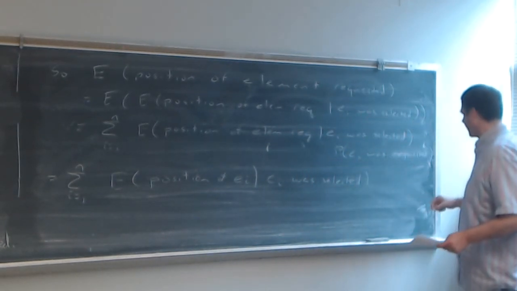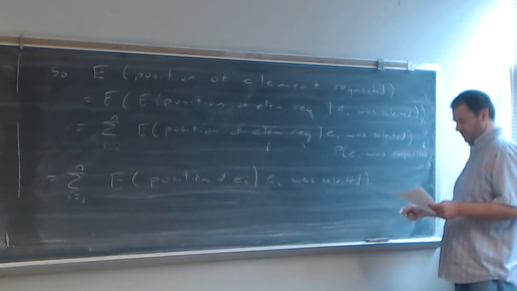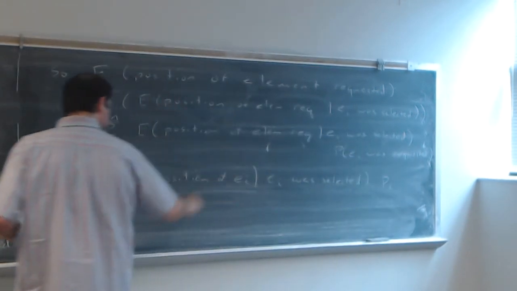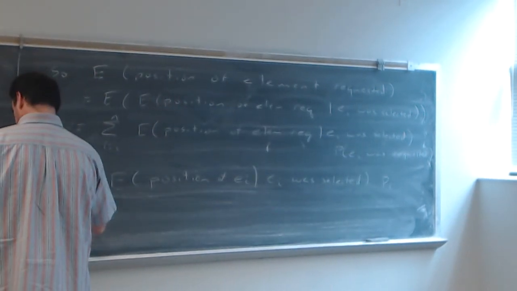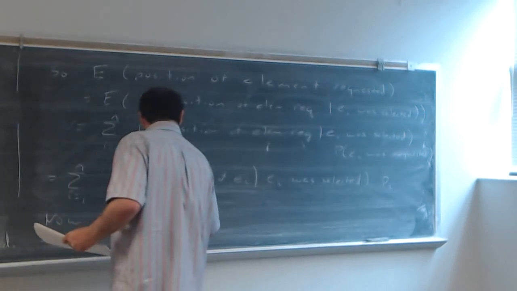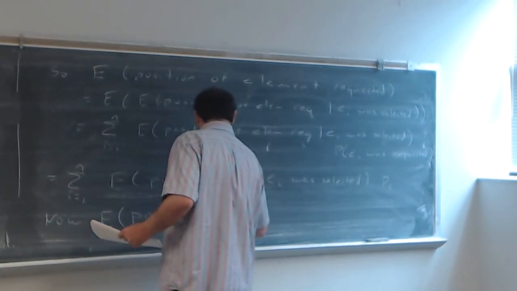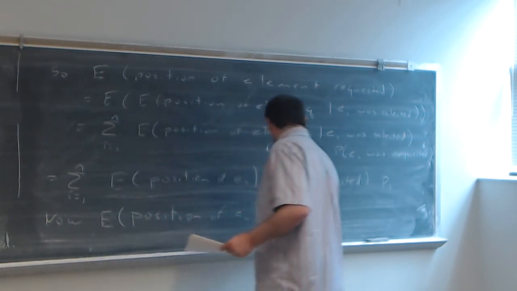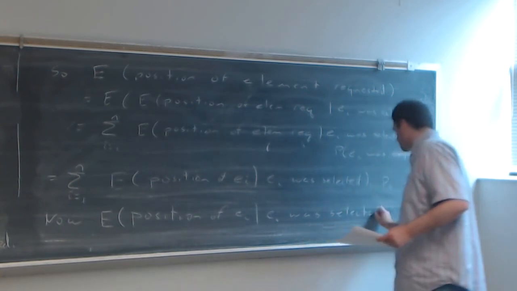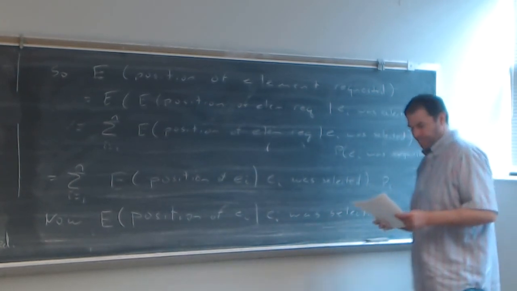Now, the probability that E_I was requested, selected, is nothing more than P_I. Now, we need to figure out this conditional expected value. So, let's look at it. Conditional expected value of the position of E_I given E_I was selected. What's that?